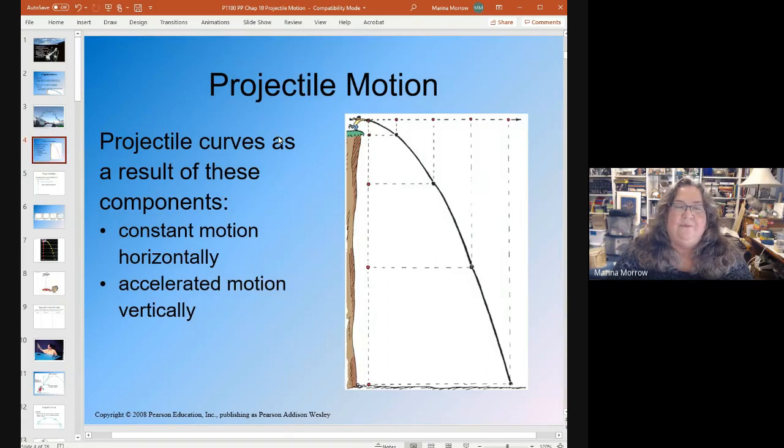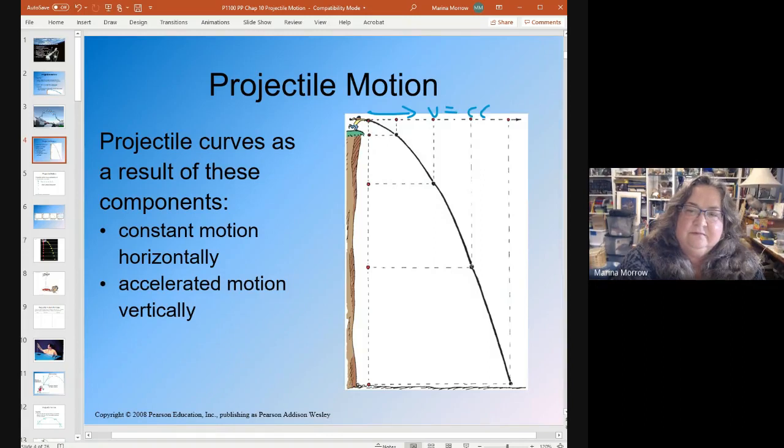Now, parabolic paths result because you have two things going on. In the horizontal direction, you have a constant motion, a constant velocity, because there are no forces on it, right? We said no air friction. So there's no force.